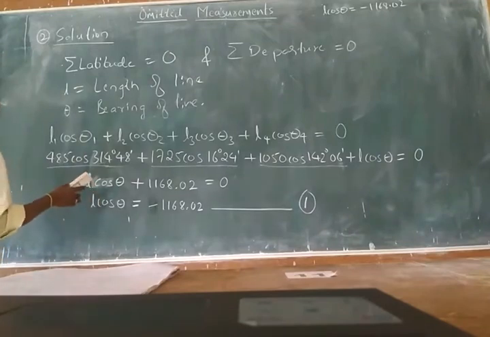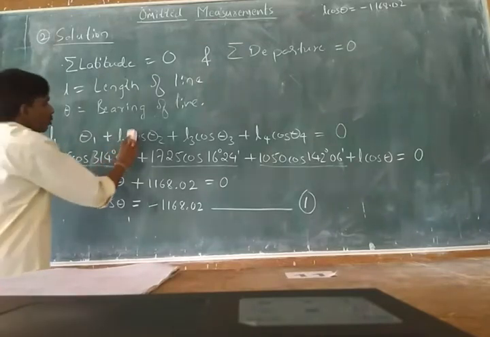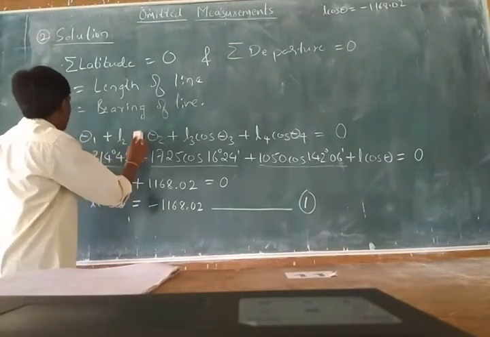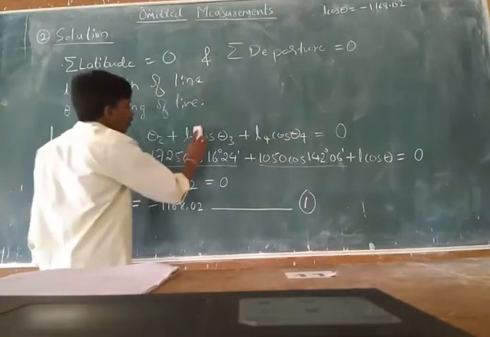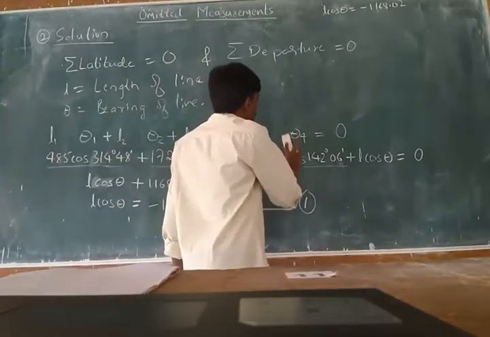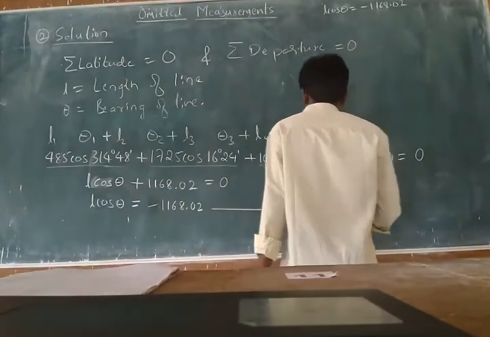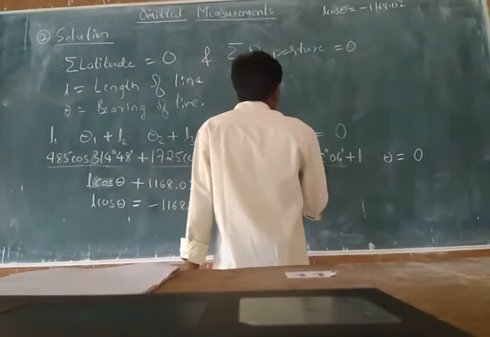So for that we need to apply the departure principle, that is L sin theta. So the formula for the departure is L sin theta. Let's just remove the cos and apply sin theta. That will give us the value.